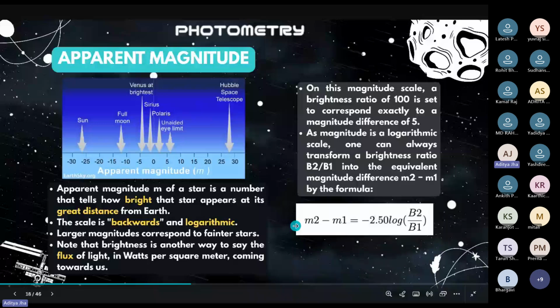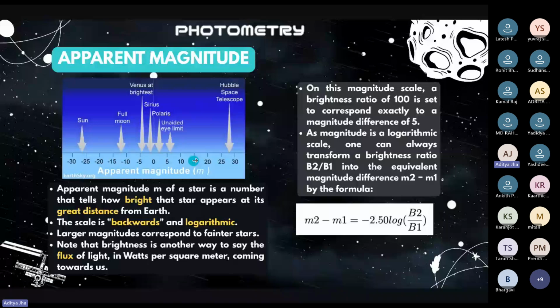Okay. And so you can see here a few examples where the sun has an apparent magnitude around here in the negative regions, and then the moon and Venus. So you can see that the ones which appear brighter to us have a lower apparent magnitude, and the ones which are very faint have really high apparent magnitudes.